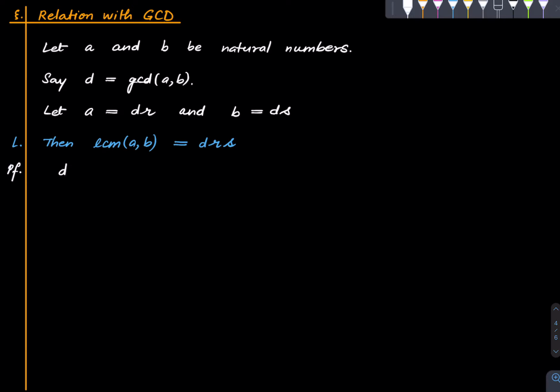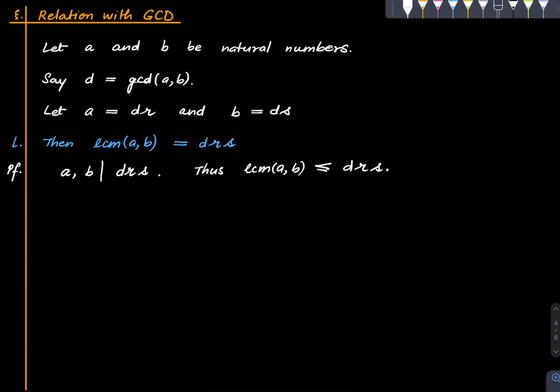First of all, note that a and b both divide d times r times s, simply because d times r is a, so a divides this, and d times s is b, so b divides that. So drs is indeed a common multiple of a and b, and thus the LCM is at most any common multiple, and hence in particular this.